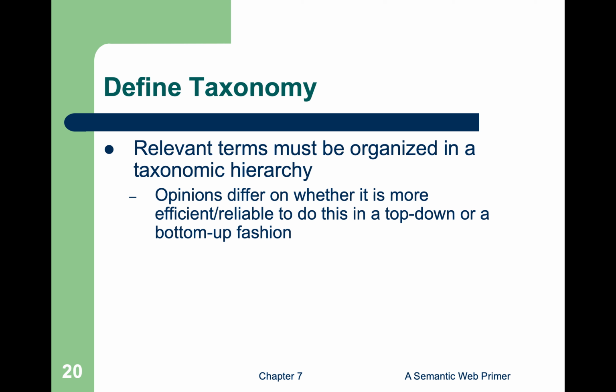So taxonomy: the relevant terms must be organized in a taxonomic hierarchy. Opinions differ on whether it is more efficient or reliable to do this in a top-down or a bottom-up fashion. After the relevant terms are organized in a taxonomic hierarchy, meaning that a word can define a specific type of something, we should define this and we should link all of them together.